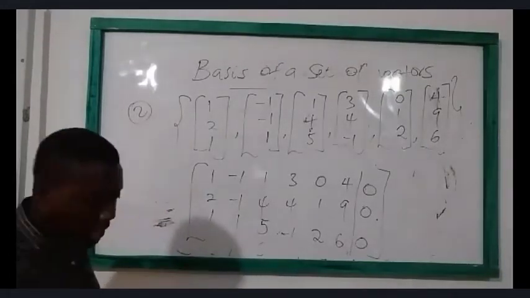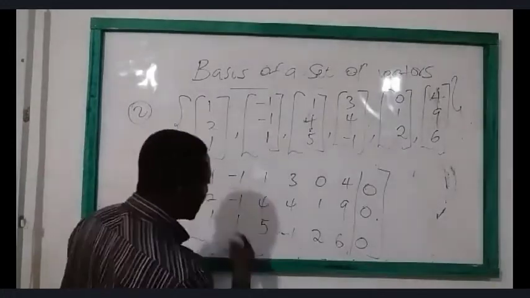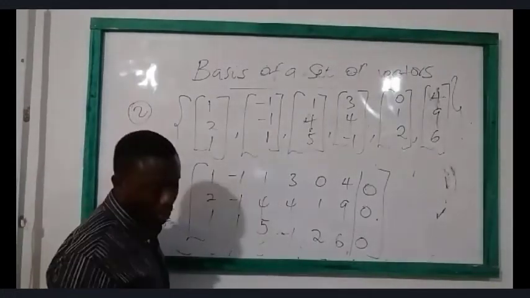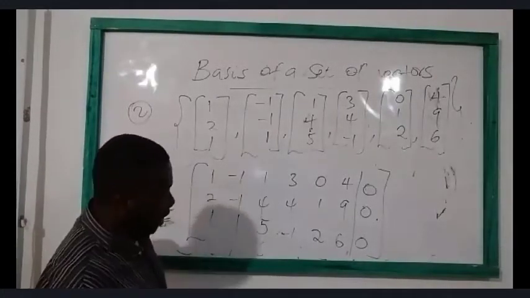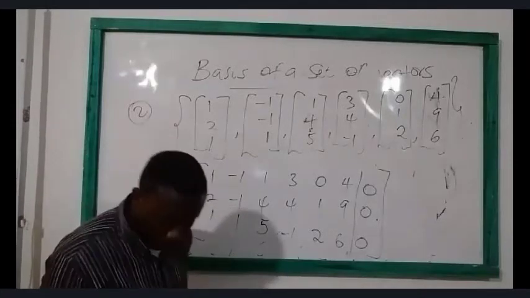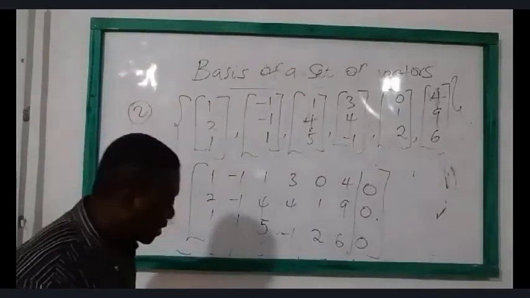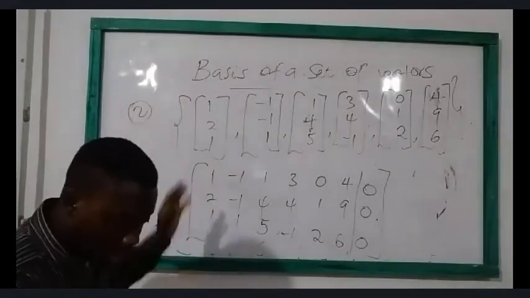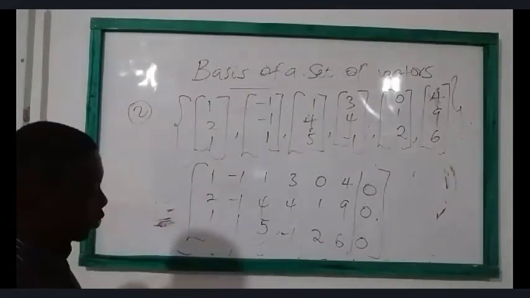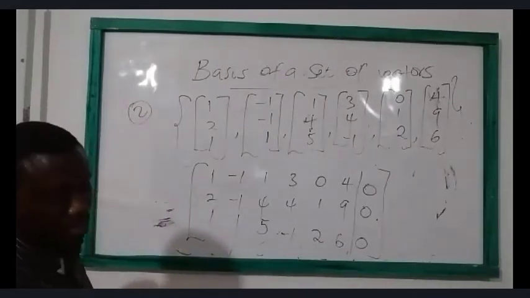And then you can see that this will now prove it. At the end of the day, those that form the leading ones mean that the unknown scalars of such ones are zeros. So it means that linear independence will be satisfied.